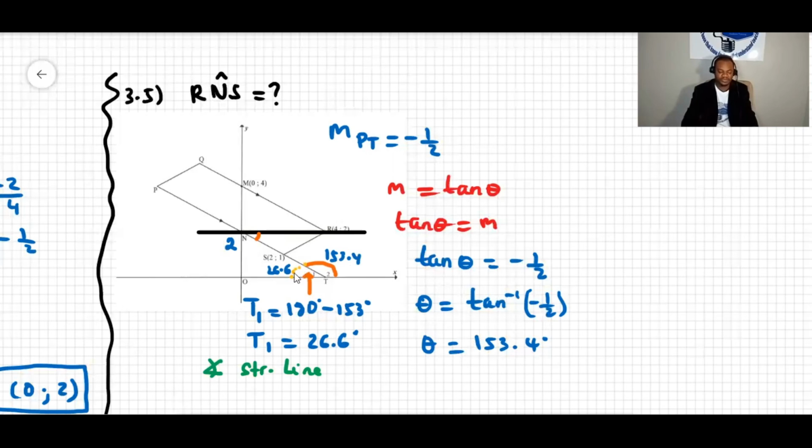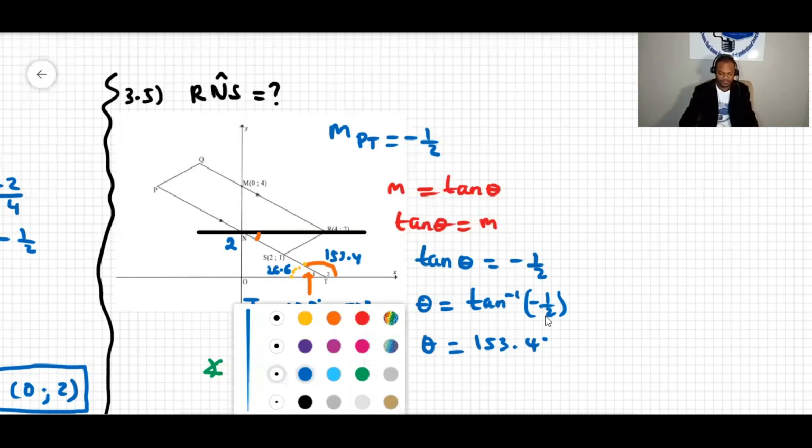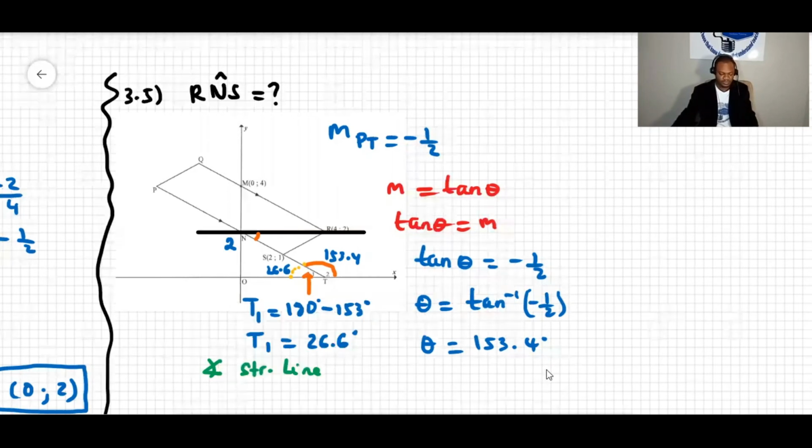Then we can say the two angles, T1 and N1, are alternate angles. Therefore, N will be equal to T1. The reason is alternate angles. Therefore, N is equal to 26.6 degrees.